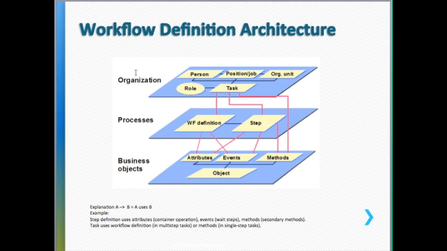Whenever you have different activities and want to group them together, it becomes a workflow definition. A workflow definition can use a task directly, or attributes of business objects and events. A step can use attributes, events, methods, and tasks. That's how the workflow architecture is defined.